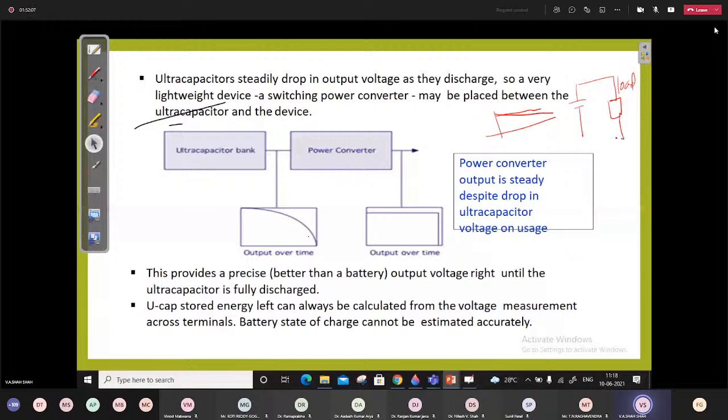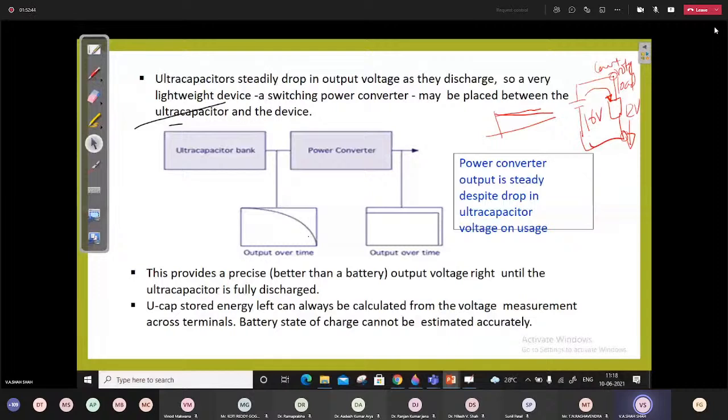Usually we know that the load is always operating with a constant voltage. If this supercapacitor is of 16 volt and the load is demanding 12 volt, up to 12 volt it can deliver power to this load, but as it starts reducing below 12 volt, we are not able to maintain this voltage constant, and in that case we are not able to provide power to this load with the required voltage level.